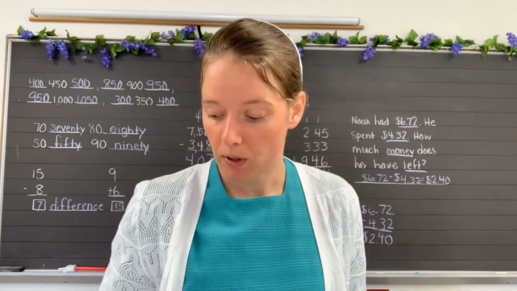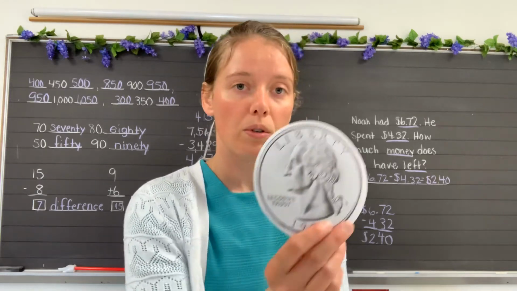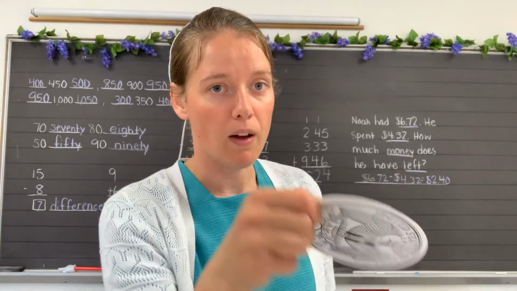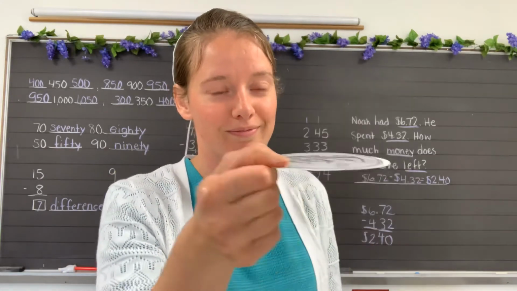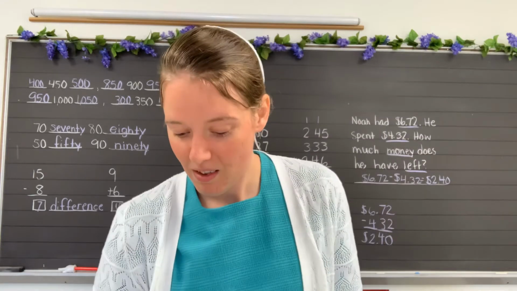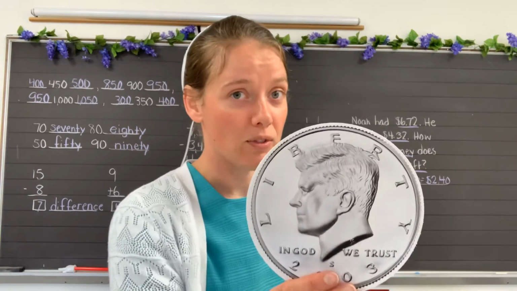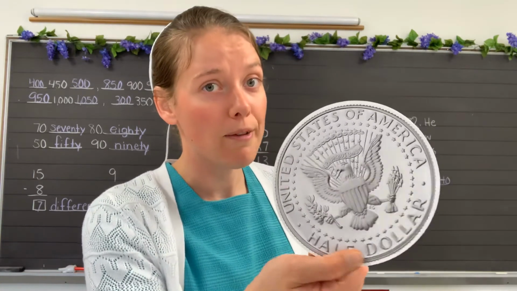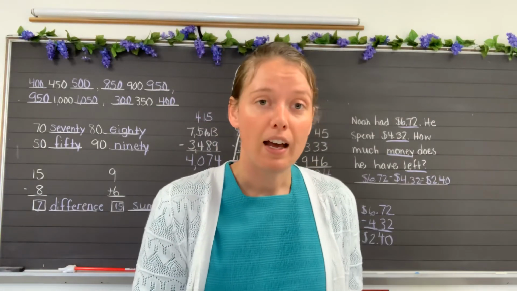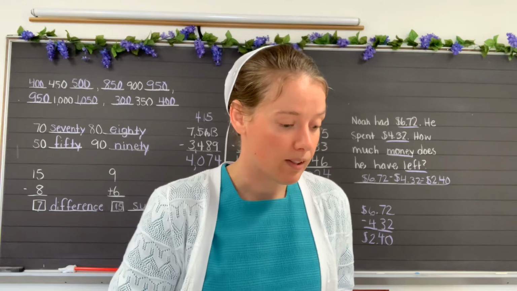Count by tens for dimes. Quarter is 25 cents. We go by 25s for quarters. And here is the half dollar, so half dollars go by 50 cents. 50 cents is a half dollar.